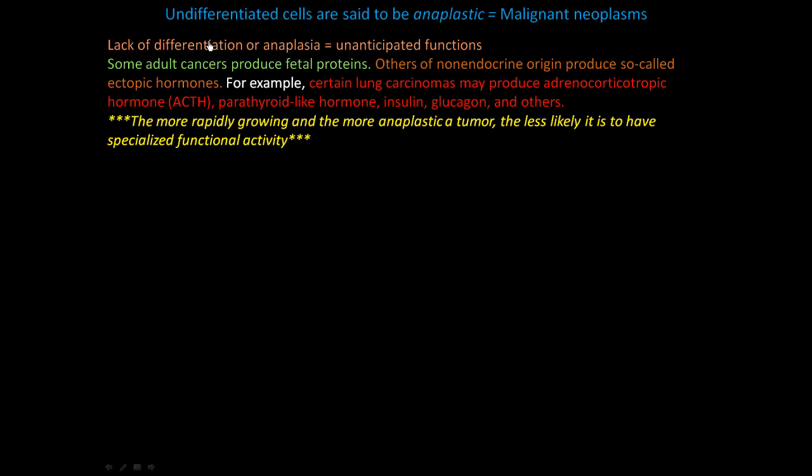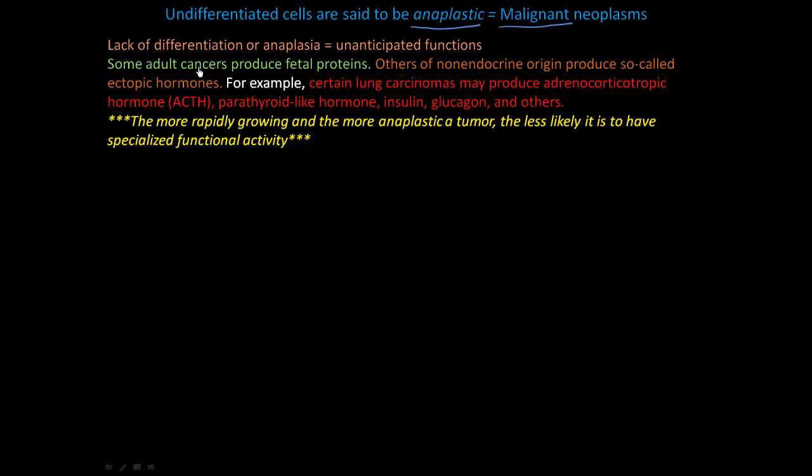Okay, so now let's talk about anaplasia or anaplastic. We talked about differentiation. Now let's talk about anaplasia. So undifferentiated cells are said to be anaplastic. So anaplasia, you have to think malignant. If there is a cell type or a tumor that's described as anaplastic, you know it's a malignant neoplasm.